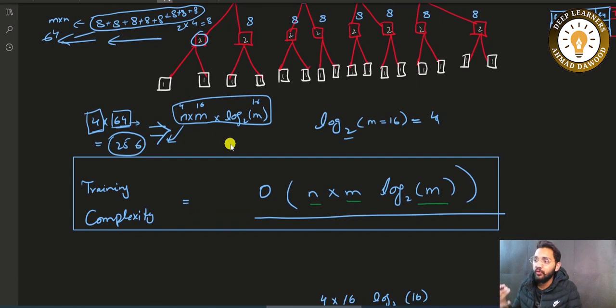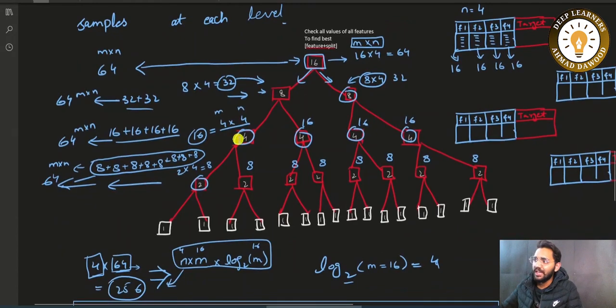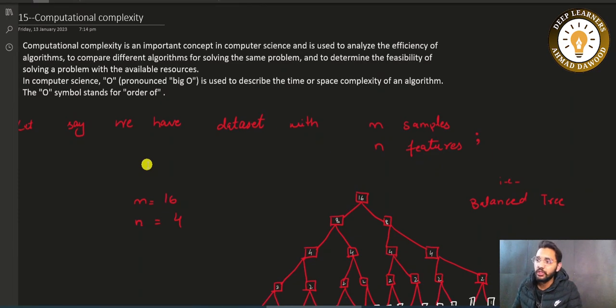And when we are calculating the time or space complexity, we are considering some ideal cases of the model. As this computation and complexity of decision trees are mentioned in a lot of books, I thought I should share it with you, so that's why I have designed this session.